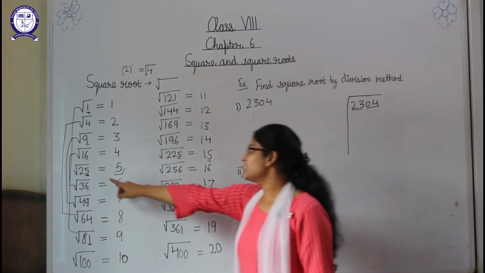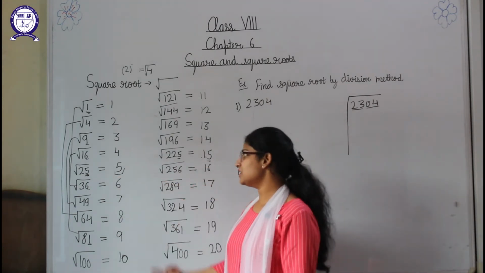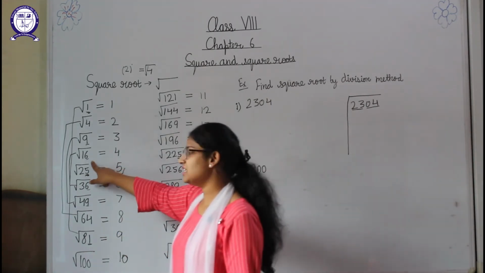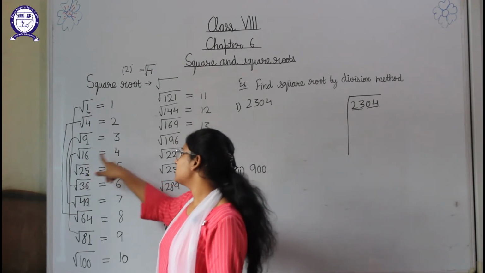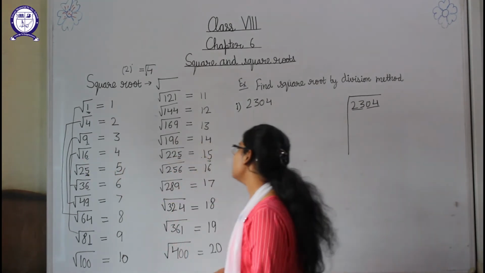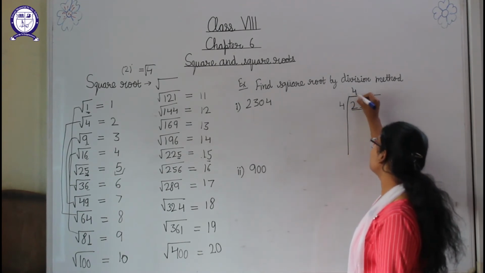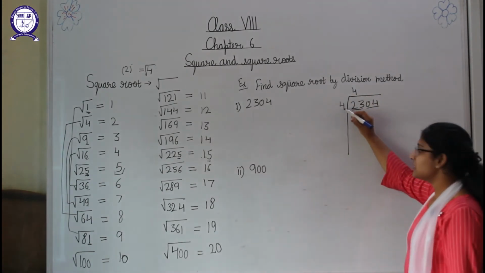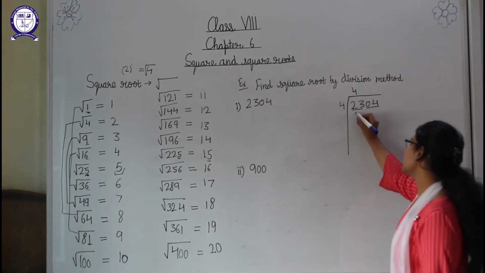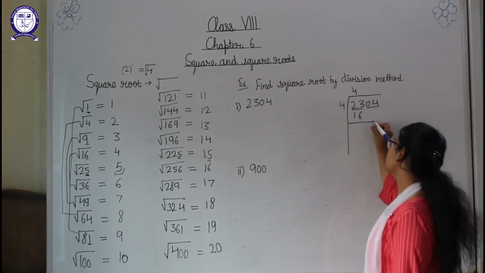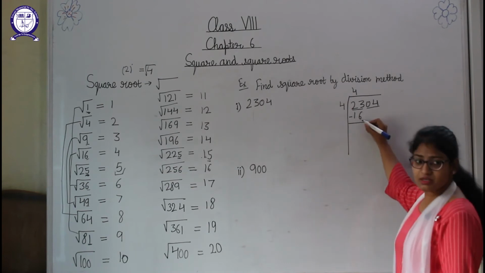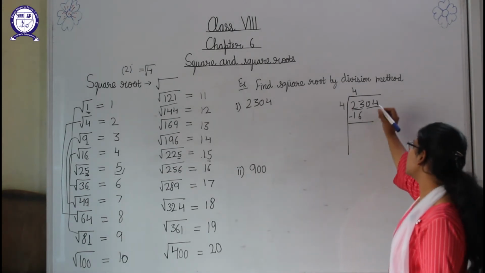We can't take 25 because 25 is greater than 23, so we will take 16 here, and the square root of 16 is 4. It means what we are doing here is multiplying 4 with 4. Here we are multiplying 4 into 4 and we are getting 16. 4 4s is 16 and 16 is a perfect square number.